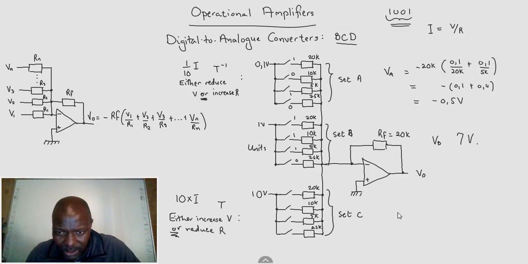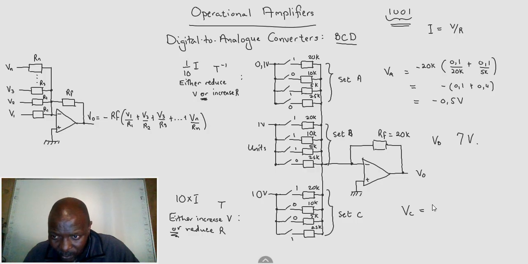Now we've got 10 volts here. What we do, we go on and say our V for set C is equal to, we didn't give a figure, so let's say we gave it, remember it's BCD, so it can't be higher than 9. So this can be 1, 0, 0. Let's make it that, because now everything else will be boring.